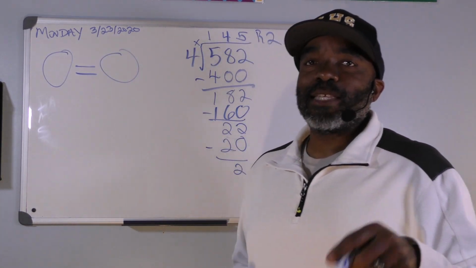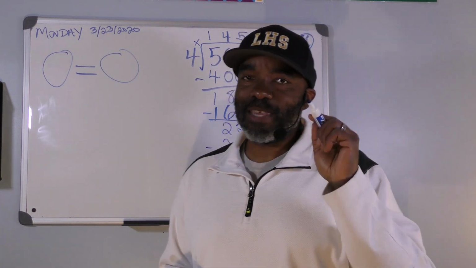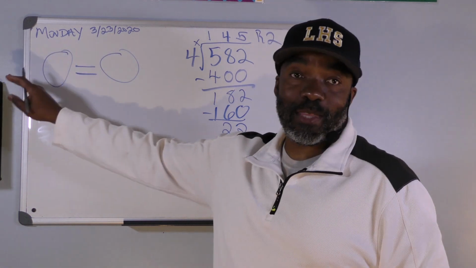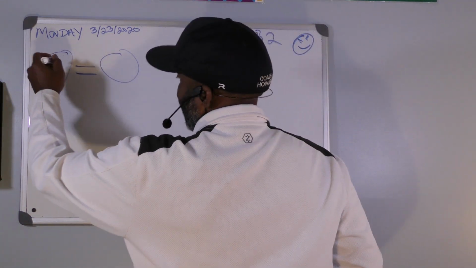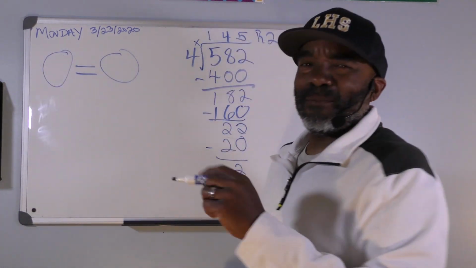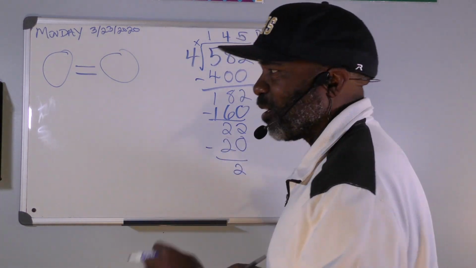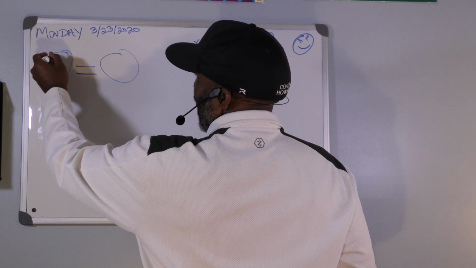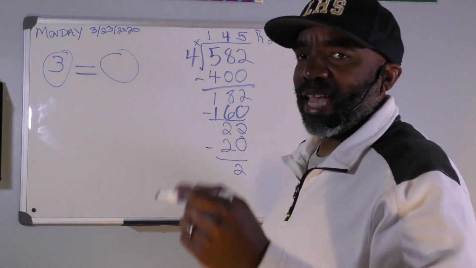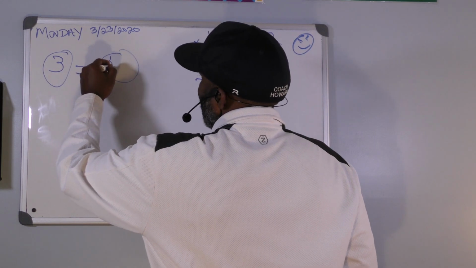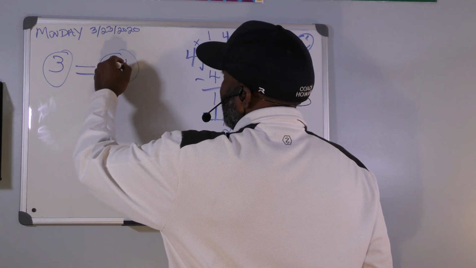Those two sides have got to be the same. They've got to equal the same. They have the same value. If I had a 3 on this side, and then 3 sticks on this side, that's a little stick, that's a little stick, and that's a little stick. I'm going to get some different color markers tomorrow so you can see what I'm talking about.